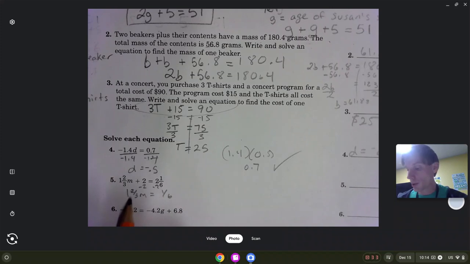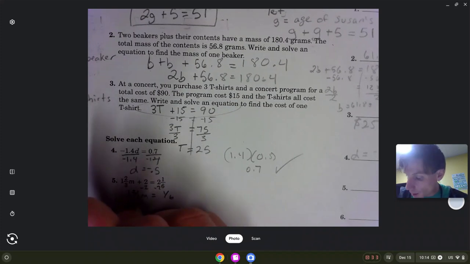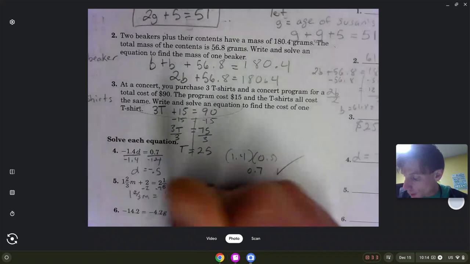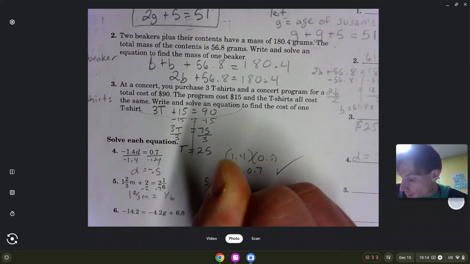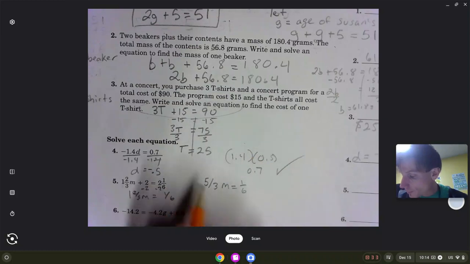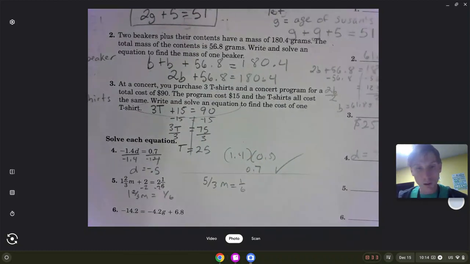To solve this, we need to convert this back into an improper fraction. So we have, in this case, 1 times 3 is 3. 3 plus 2 is 5. So an improper fraction version of that is 5/3 M. I'm going to go ahead and write it over here. 5/3 M equals 1/6. Okay, great.